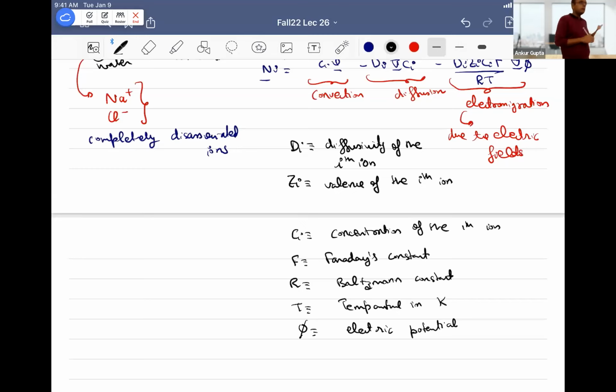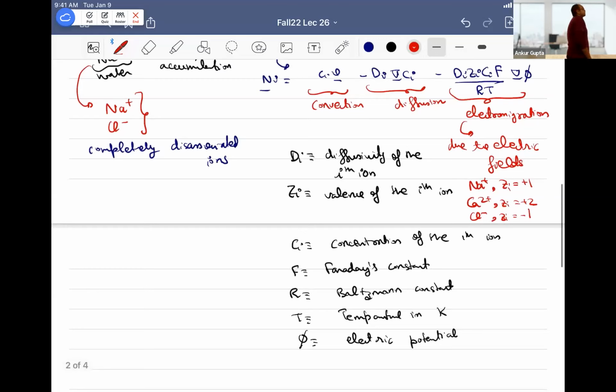Okay. Now, what is this valence of the ith ion? Valence is essentially the unit charge carried by the ion. So for instance, for Na plus, this Z would be +1. For calcium, it will be +2. For chloride, it will be -1.